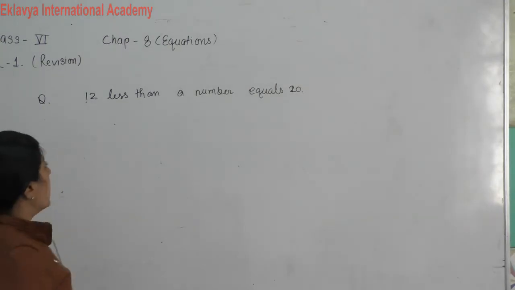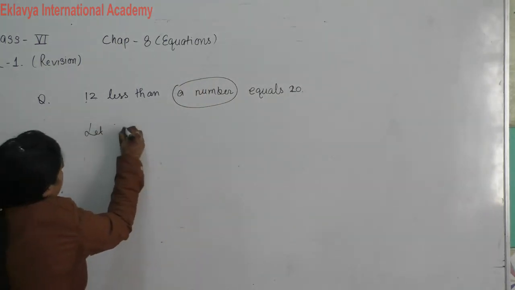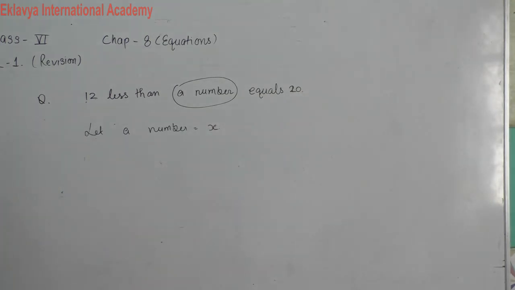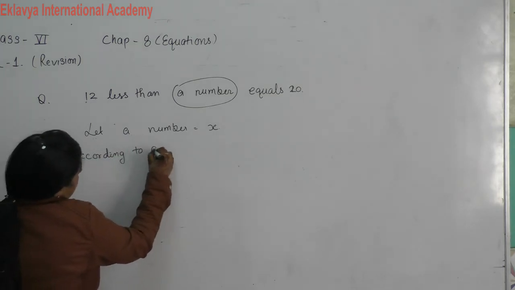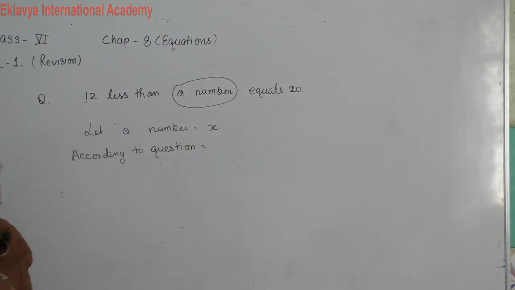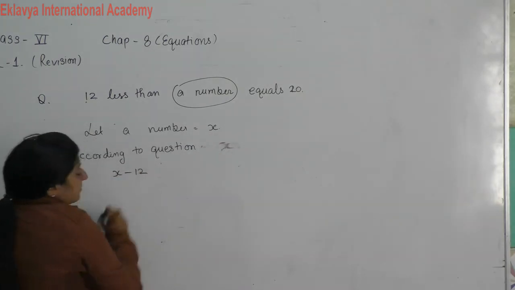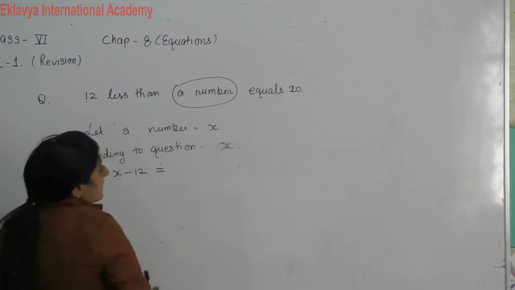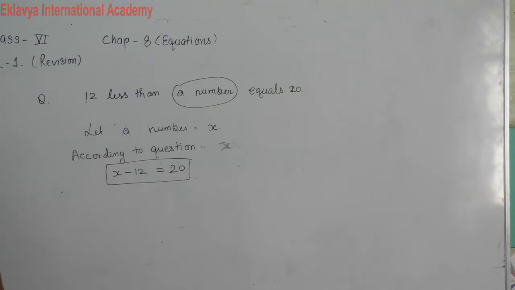We don't know about the number, so we take let the number be x. Now according to the question, less than a number, it means if 12 is taken away from a number, x minus 12. Less than means we will use the subtraction sign, equals means the equal sign, 20. Then our equation is this one.